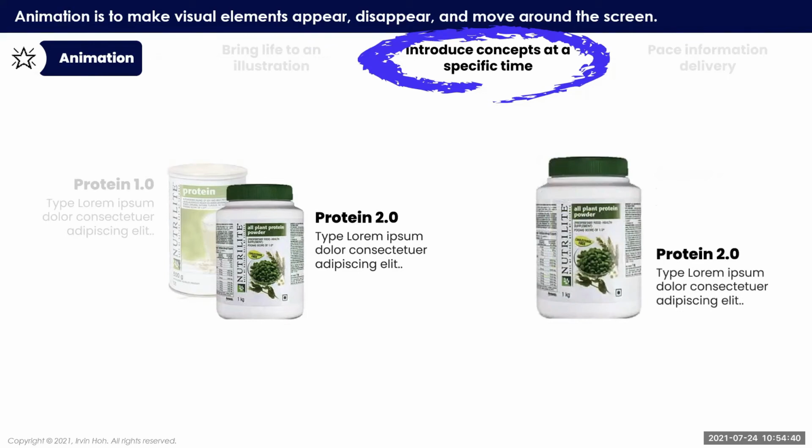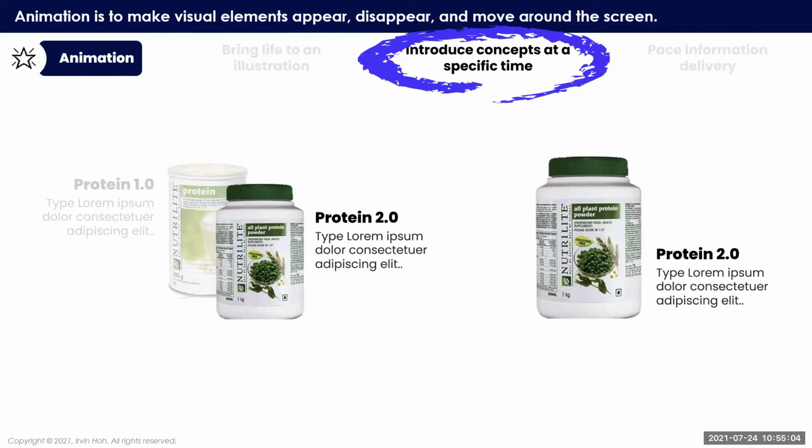It will fade out the first image and then fade in the second image, so now I have two ideas over here. One is the left-hand side concept, which lets you see the first protein 1.0 and protein 2.0 and visually compare them, with protein 1.0 and 2.0 both in mind.